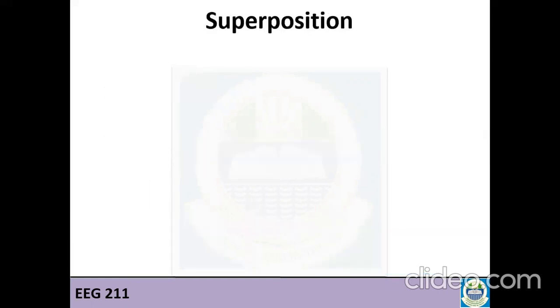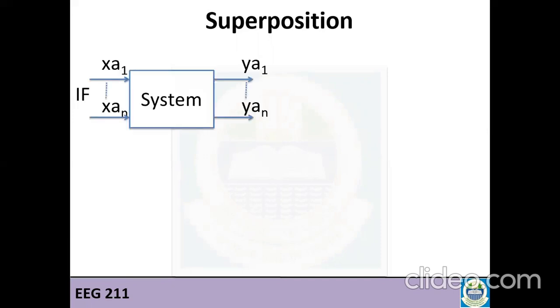What of superposition? Superposition is defined as follows. If you have a first set of inputs, xa1 to xan, and that set of inputs is fed into a system and gives you outputs ya1 to yan.